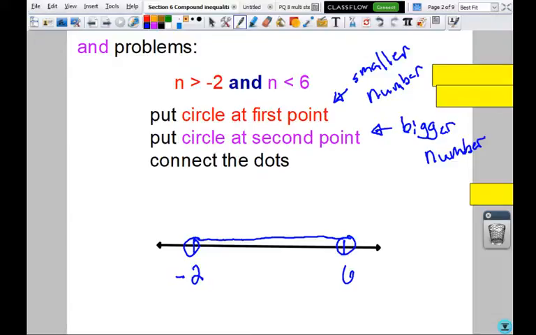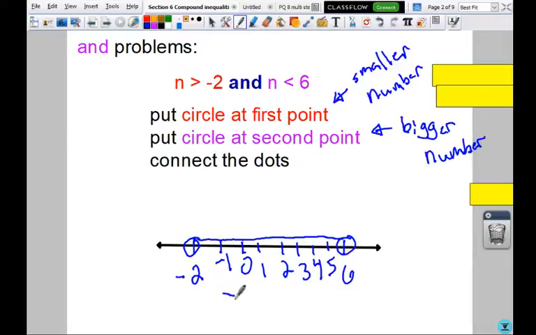And that's it. With and inequalities, we have our two numbers, we put our circles, and then we connect them, because my answer is everything in between. And when you do and inequalities, I don't need the numbers in the middle, because sometimes they're really big. I don't need to write -1, 0, 1, 2, 3, 4, 5.